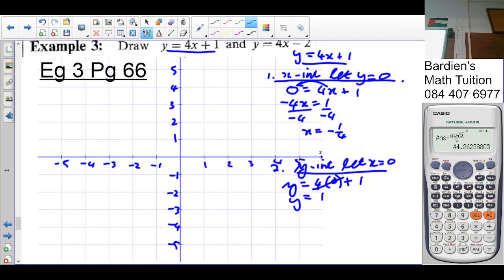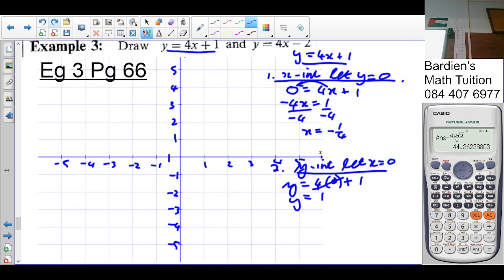So before I plot the point on the axis, I must make provision for the axis already. I must have written my scale in already, because what I'm seeing is some of you are making up the scale, and you can't just make it anything you want. So x is negative a quarter.